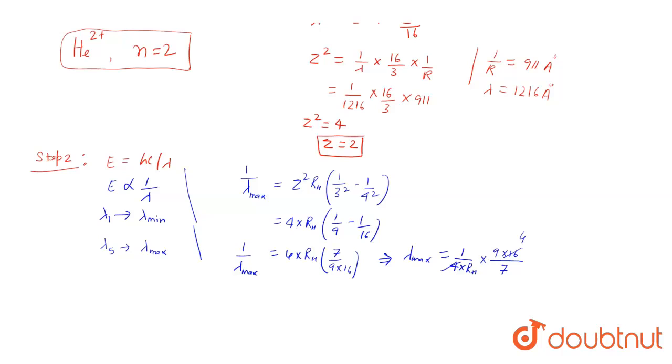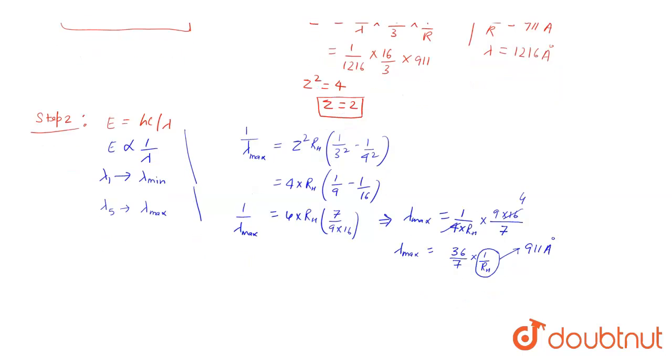It is 36 by 7, so lambda max is equal to 36 by 7 into 1 by RH, and we know the value of this 1 by RH, that is 911 angstrom.